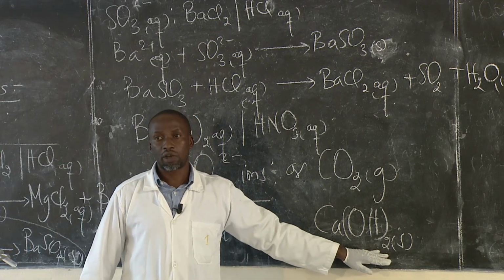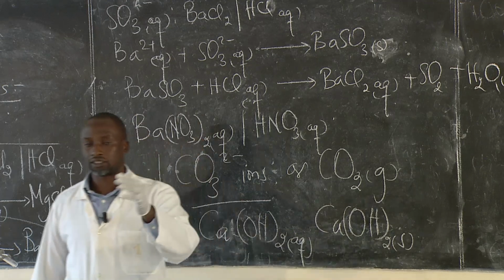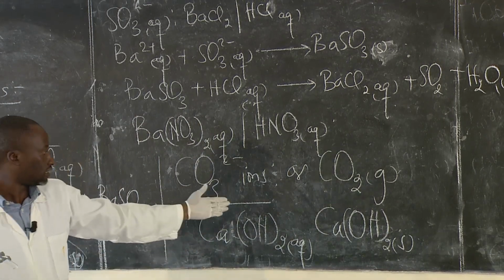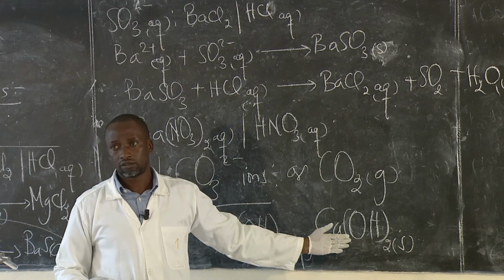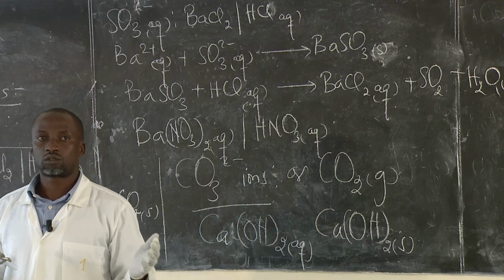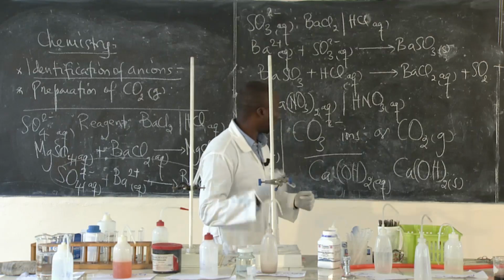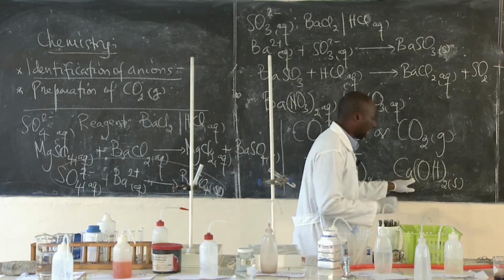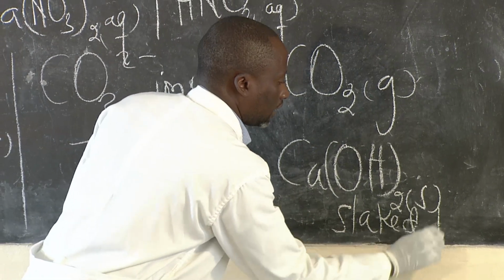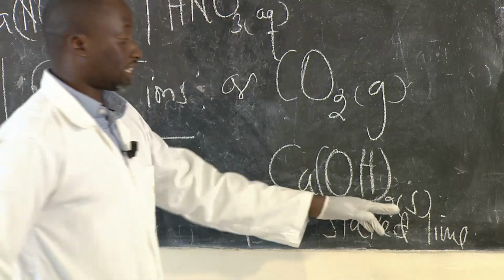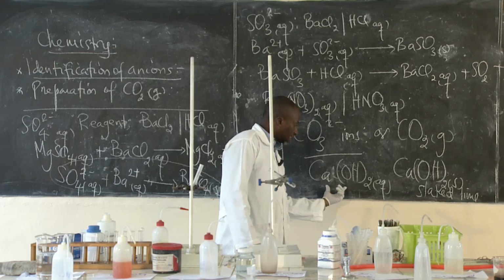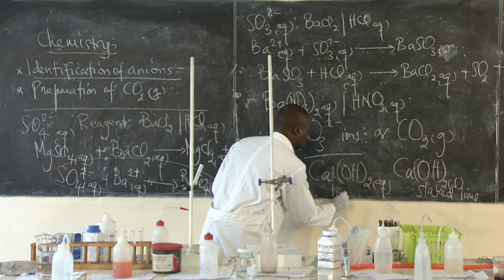Basically, calcium hydroxide is used by the farmers to neutralize the soil. It is commonly used by the farmers, and this is commonly called the shwagara, if you know that one. This is slaked lime, so we call it slaked lime. So slaked lime is solid calcium hydroxide, but this is lime water.